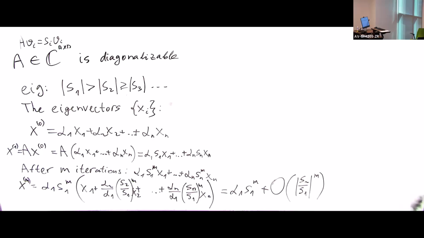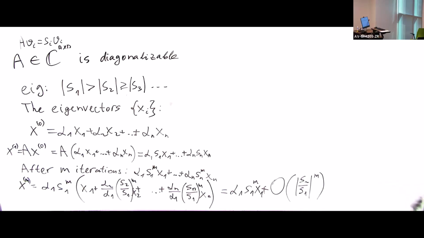You just iterate enough times, and then you will get practically to that thing. But what is that thing? This is exactly what you're looking for. This is some number times the dominant eigenvector. And if you normalize it, you get the dominant eigenvector with norm 1. That's it. You eventually converge to the dominant eigenvector x1, and that's exactly what you want, because all of the other terms will be very close to 0 and disappear eventually.